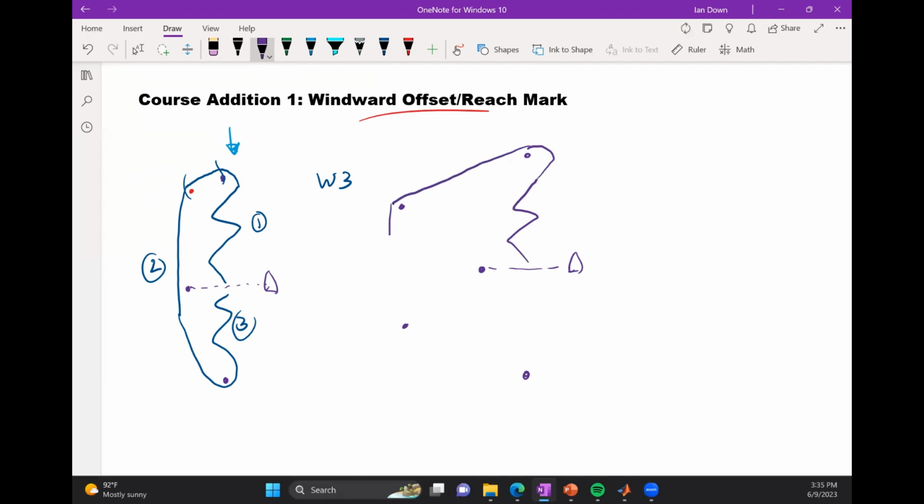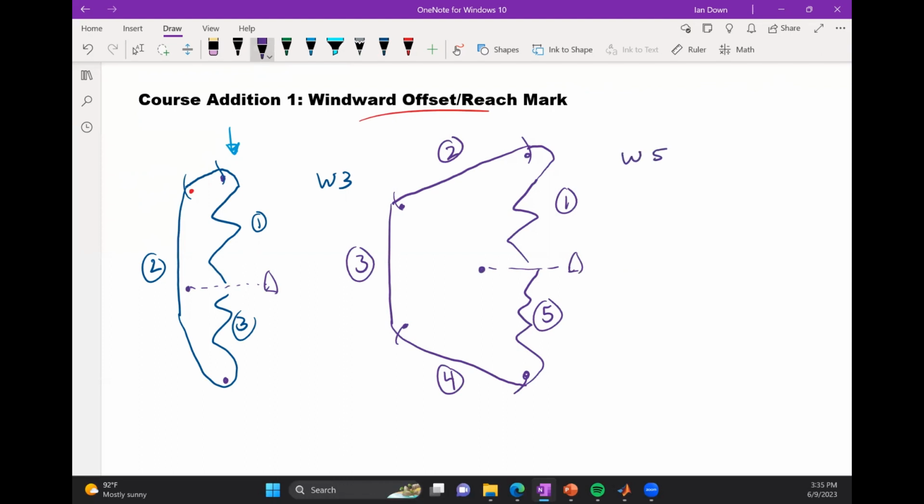So here's one reach leg, we have our downwind, we have another reach leg, we have our upwind. So this is considered a leg, and this is also considered a leg. So we've got one upwind, one reach, one downwind, another reach, and then a final upwind, which in this case would be a W5.